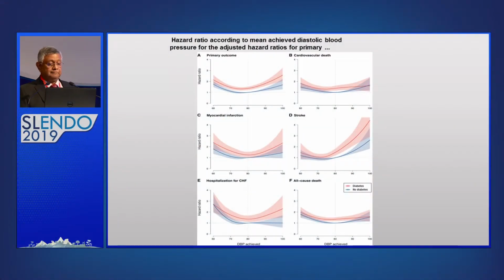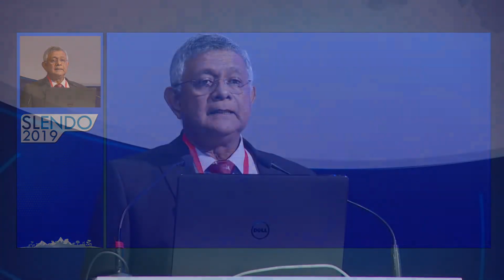Since there is a little bit of time, I'll go back to my graphs. This is the J-shaped curve you get, with the red line being diabetics and the blue line non-diabetic patients. You can see all the outcomes. For the given blood pressure levels, diabetics have higher incidence of cardiovascular mortality when compared with non-diabetic patients.